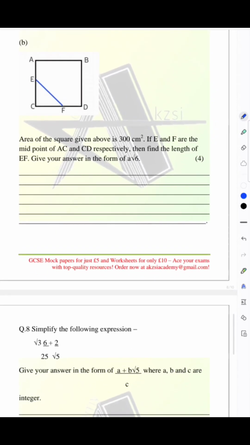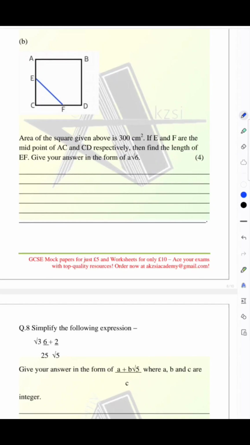Now part B. Area of the square given above is 300 centimeters squared. If E and F are the midpoints of AC and CD respectively, then find the length of EF, giving your answer in the form of A root 6. Now, since the area of this square is already given, which is 300 centimeters squared, it will help me in finding each side of this square.